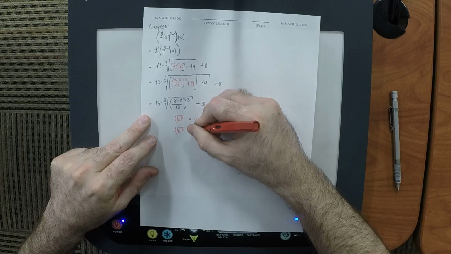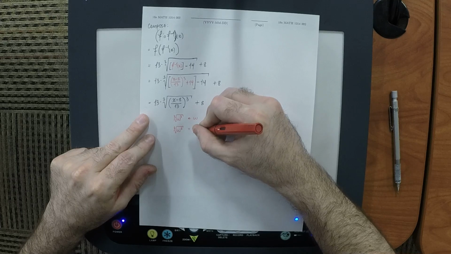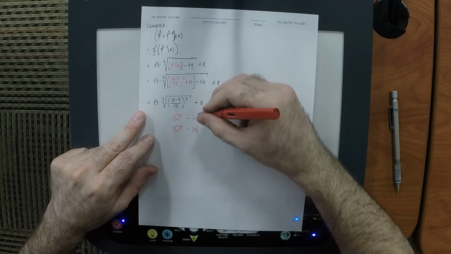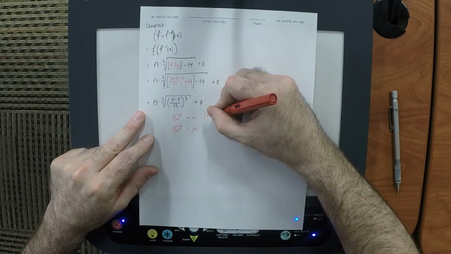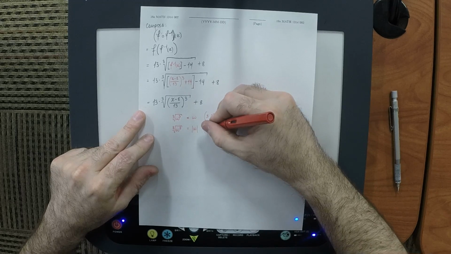Is that w? No. It's the absolute value of w. Because remember that there's a parity issue going on here. This happens this way in the end because 3 is odd. And this happens this way in the end because 8 is even.